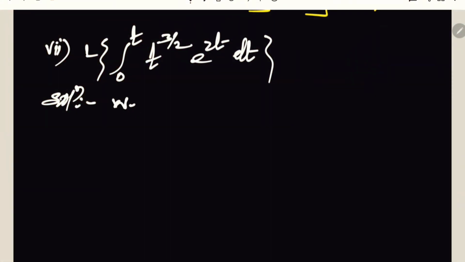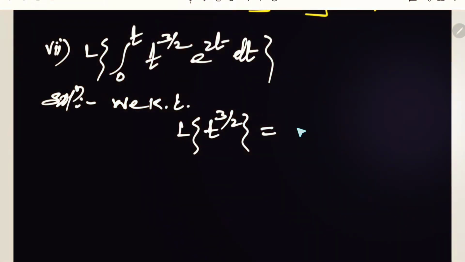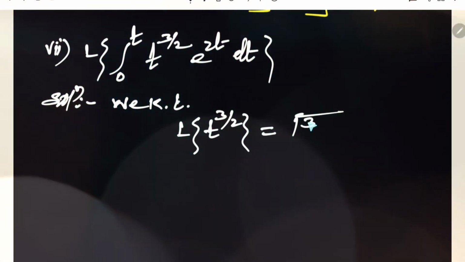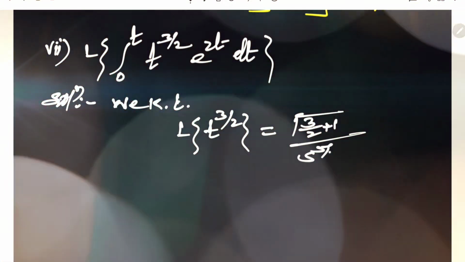And then the last example, Laplace of integration from 0 to t of t raised to 3 by 2 into e raised to 2t with respect to t. First we consider function f of t as t raised to 3 by 2, then we apply the first shifting theorem. Laplace of t raised to 3 by 2, here n is not a positive integer, therefore gamma n plus 1 divided by s raised to n plus 1.